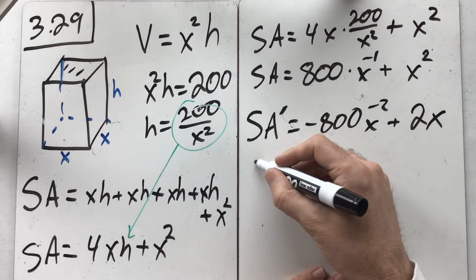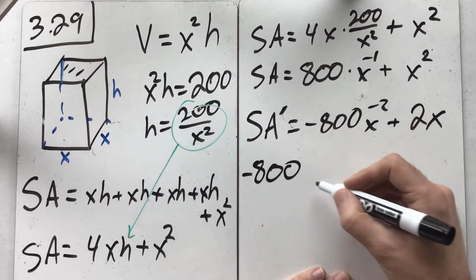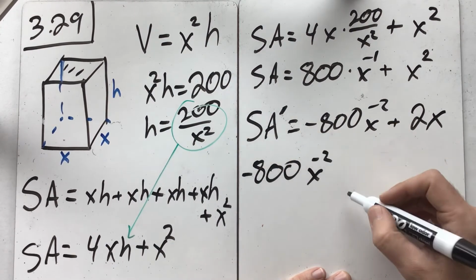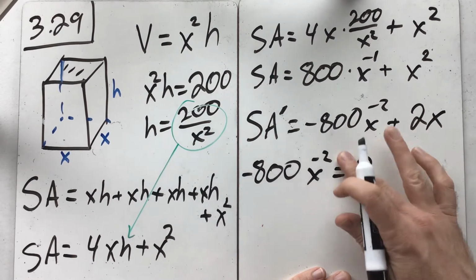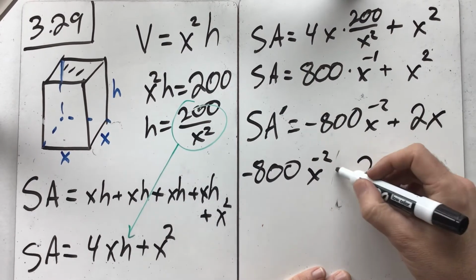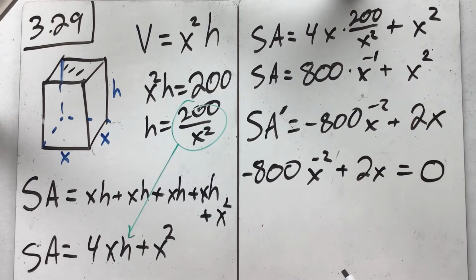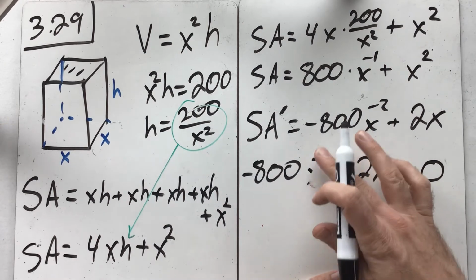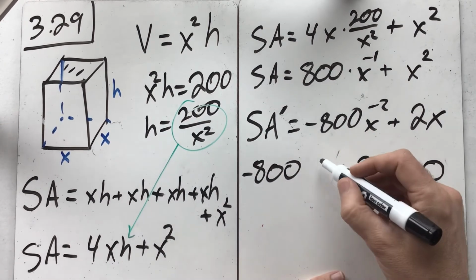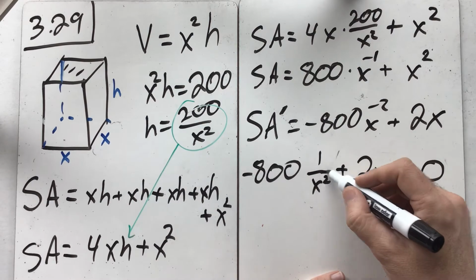And so what I really want to do is solve negative 800x to the negative 2 plus 2x equal to 0. One real quick thing I'm going to do is instead of writing a negative 2, I'm going to write it as a 1 over x squared.